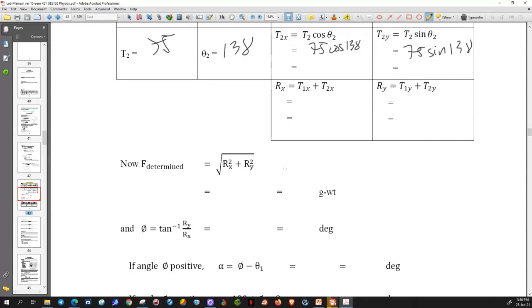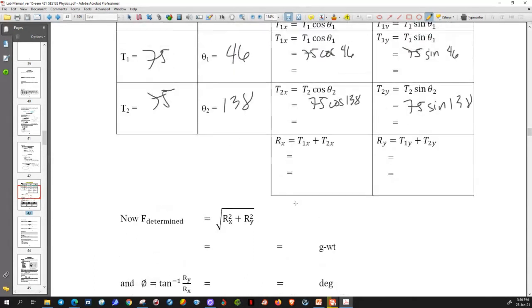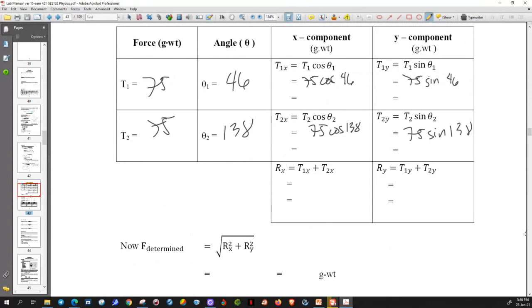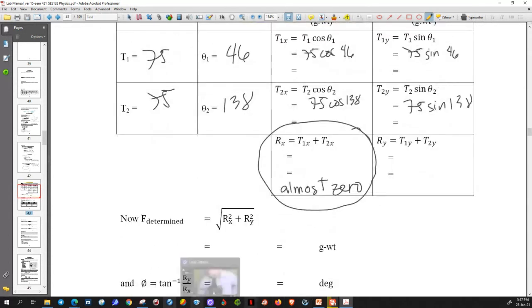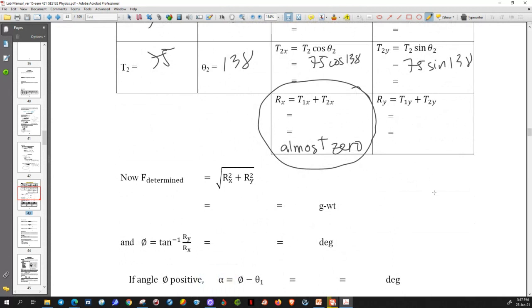Now, you have to notice something which I will give you as a clue. The value here on the X-axis is almost or near 0. The total value in the X-axis is almost 0. Why? If we look at the direction of the unknown mass, you have here T1, you have here T2.